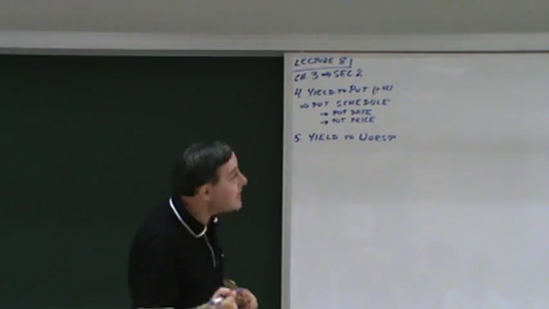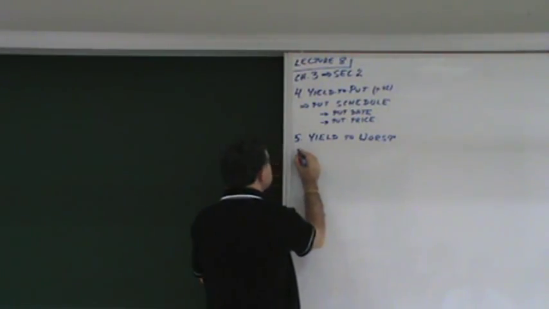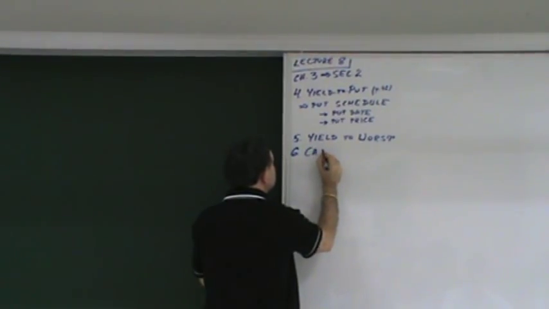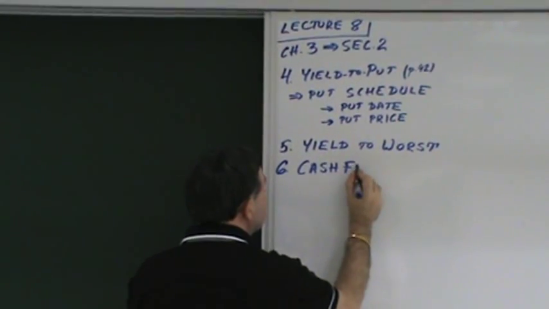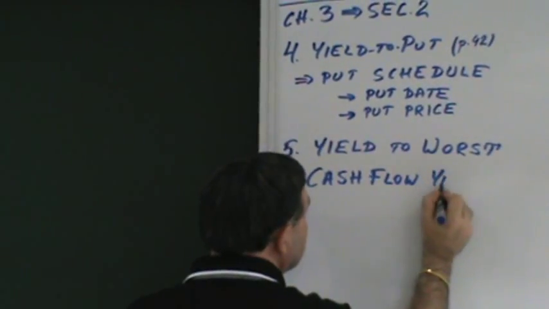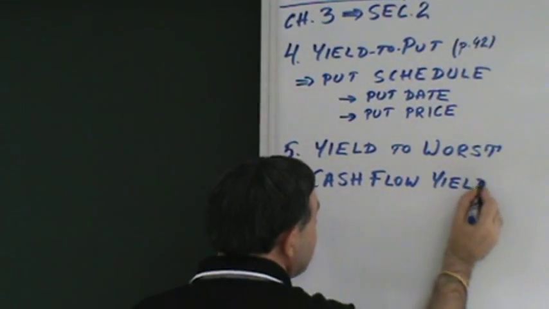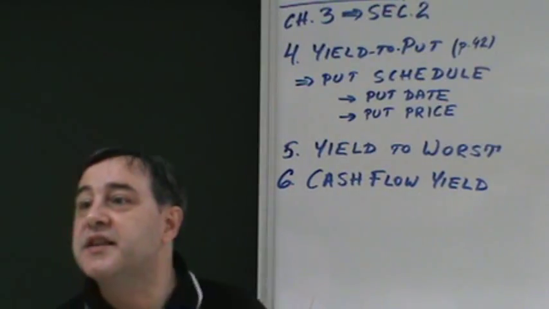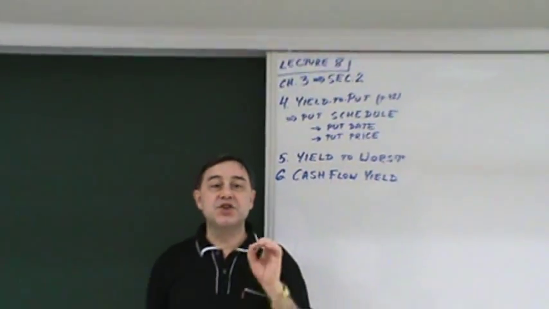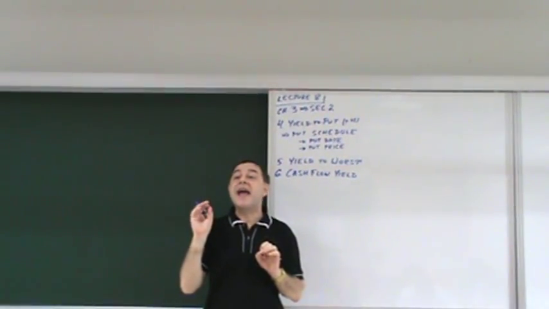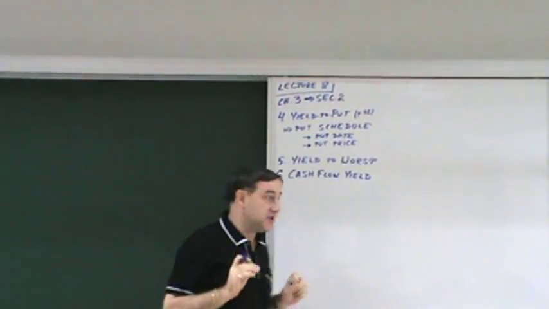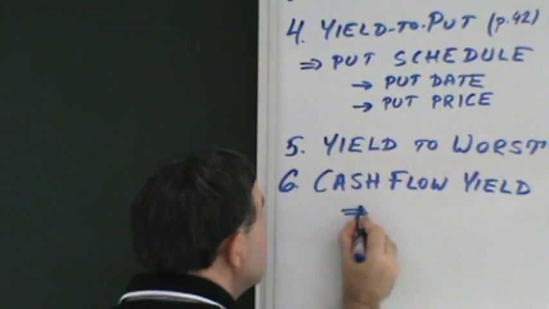Next one is called cash flow yield. Cash flow yield applies to amortizing securities.